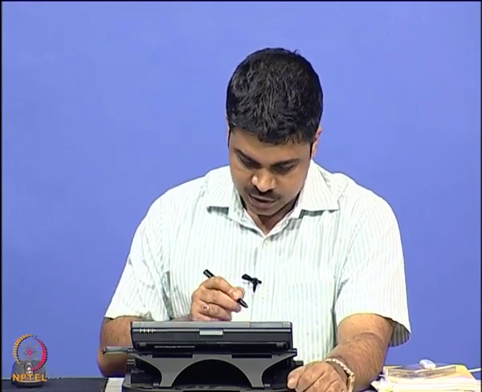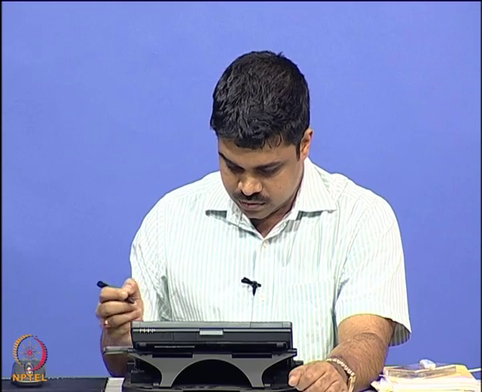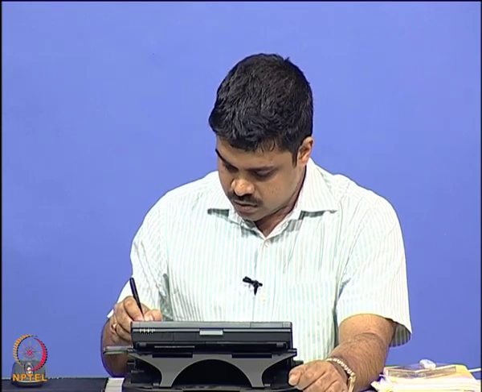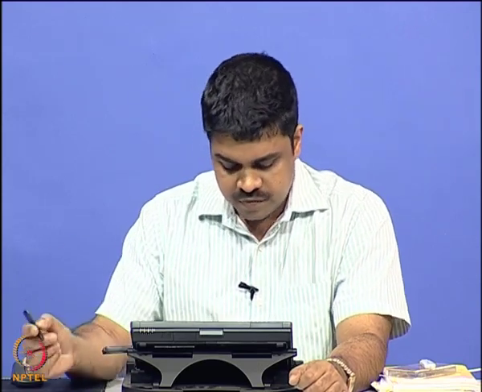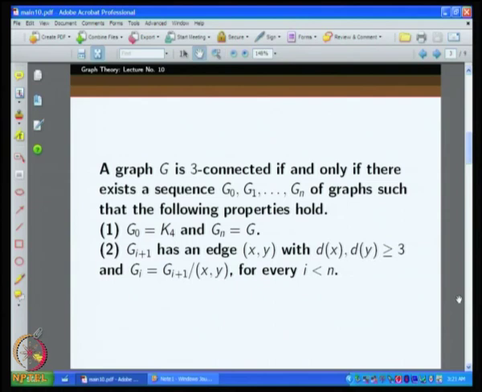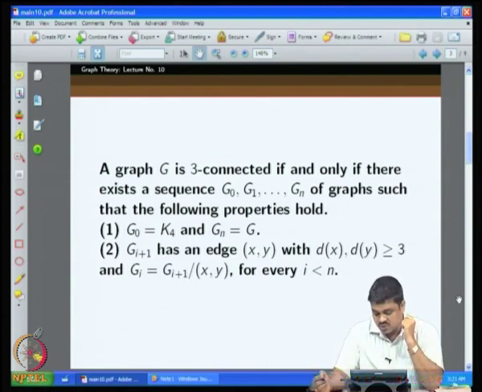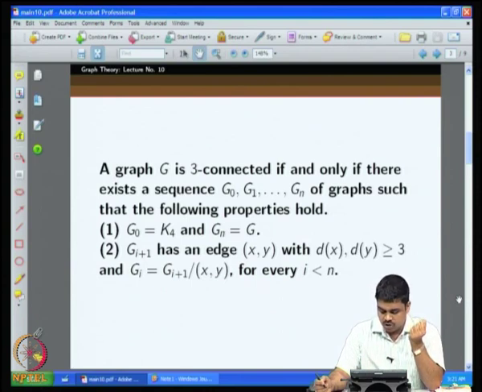Now how are we going to use this thing? So this is the main statement we want to prove finally using this. Graph G is 3 connected if and only if there exists a sequence G0, G1, up to Gn of graphs such that the following properties hold.